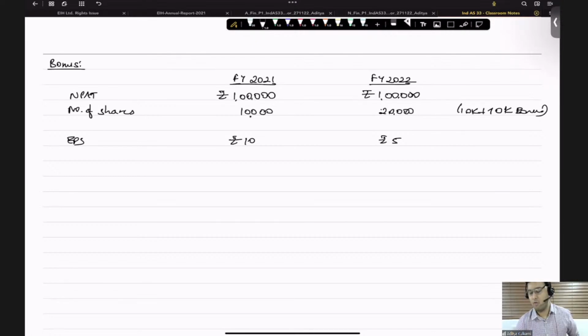Manini is saying no. What is wrong? EPS is diluted. हाँ, वो तो ठीक है. But is it correct, Kaushiki?